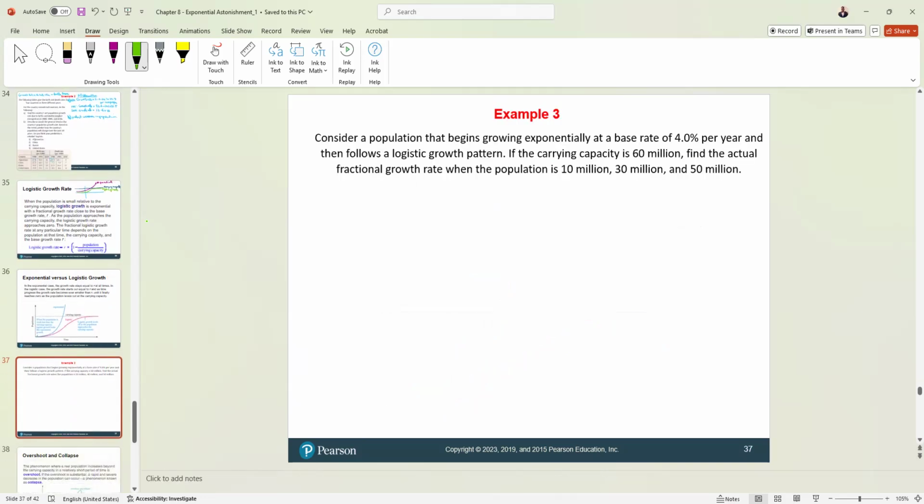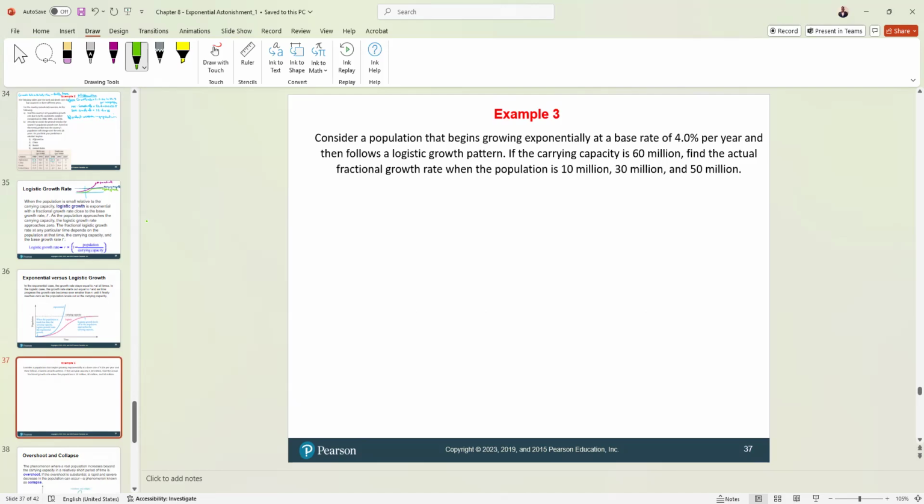Very important. Now, we'd like to go over a few examples very quickly. One of the examples we want to cover here: consider a population that begins to grow at a base rate of 4.0% per year and then follows a logistic growth pattern.